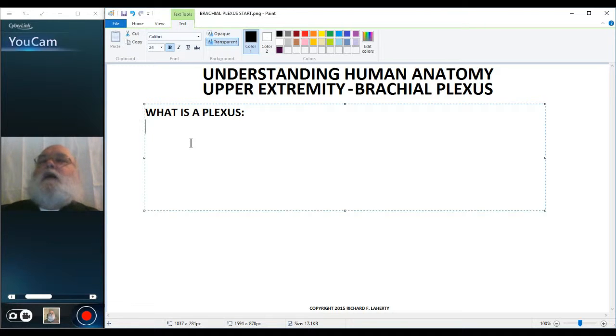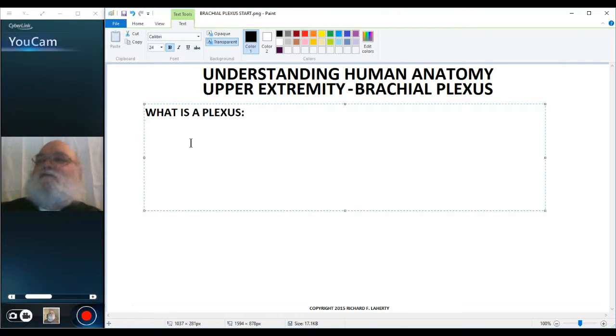Or the body can take axons from C5 that are going to the muscle, combine them with axons from C6 going to the muscle, and with axons from C7 going to the muscle. They merge together and form one nerve, and that one nerve goes to the muscle.